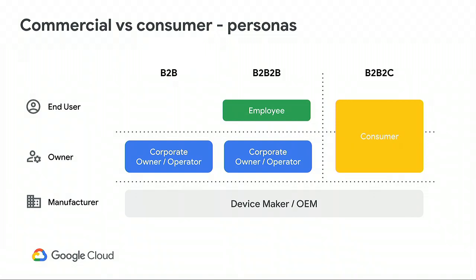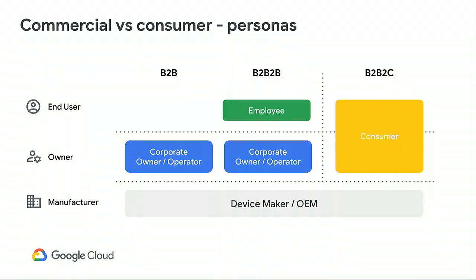Just to give you a summary of these various business models, or sort of overview them. In all cases, the manufacturer is some kind of device maker or an OEM. That's common in all three scenarios.